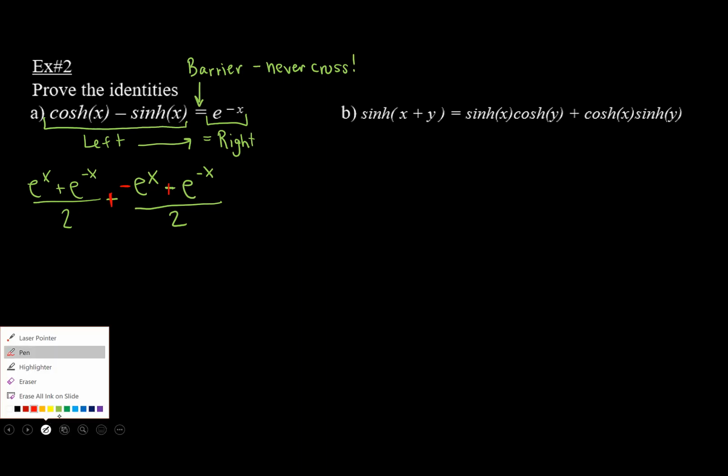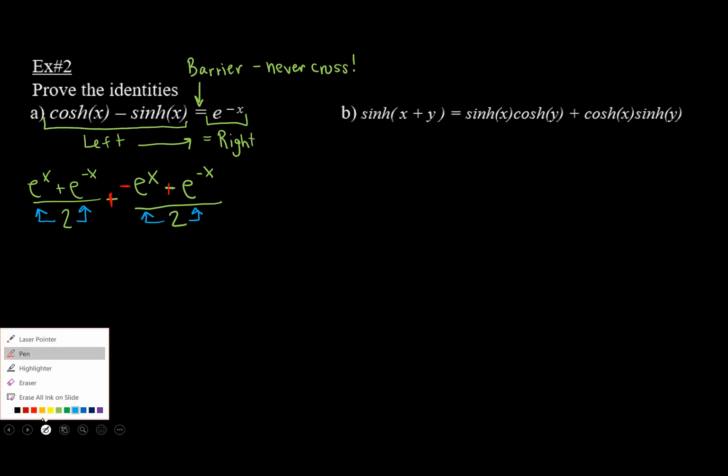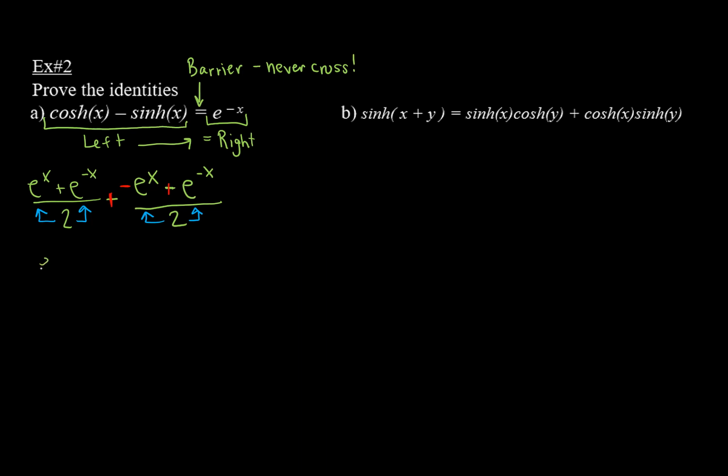The next thing I'm going to do is split up these numerators. So I'm going to distribute the denominator of 2 to each piece. Once I split it all up, I'll see that I have an opportunity to cancel some things.